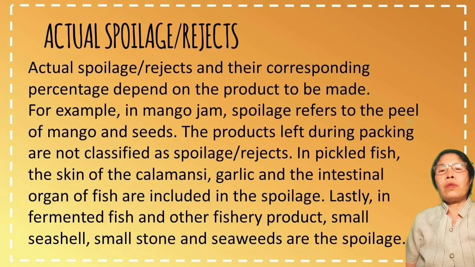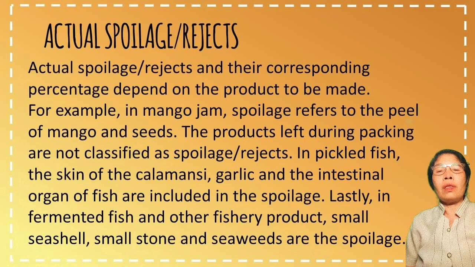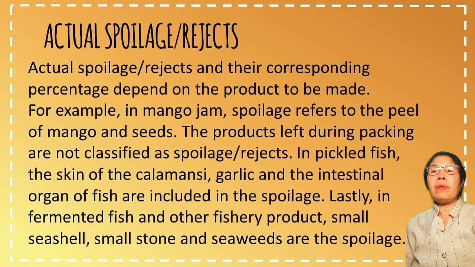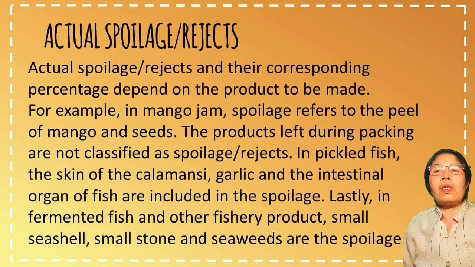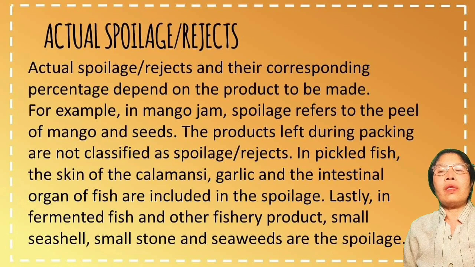Actual spoilage rejects and their corresponding percentage depends on the product to be made. For example, in mango jam, the spoilage refers to the peel of mango and seeds. The products left during packing are not classified as spoilage or rejects.